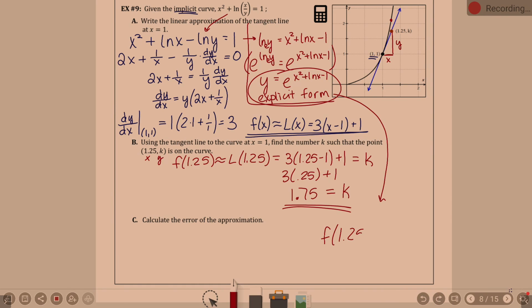You're doing e to the 1.25 squared plus natural log of 1.25 minus 1. This is a handy dandy calculator thing, isn't it? And this is going to be our exact. Do I have this one written down?